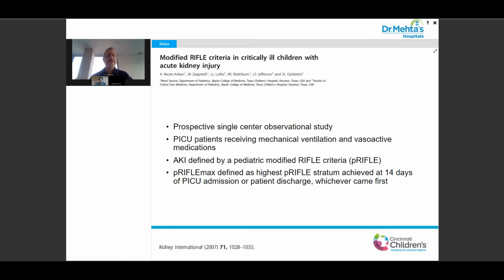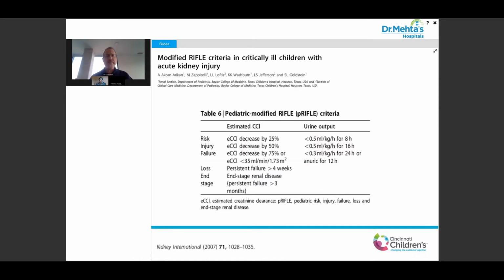And then we looked at an association between the maximum RIFLE score achieved in the first 14 days of admission or at patient discharge. Here are the pediatric RIFLE criteria, and I don't want you to focus so much on them, but just understand the evolution of what has happened in pediatrics.